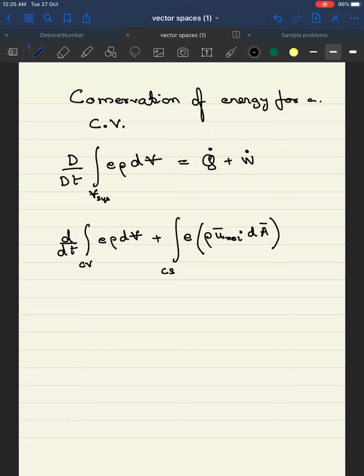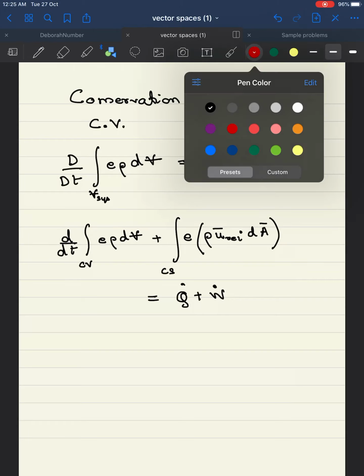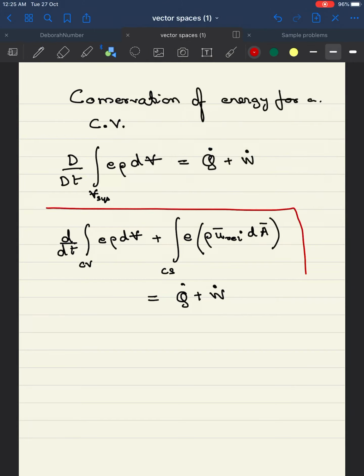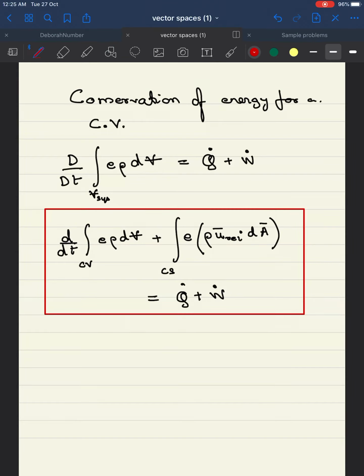Right. This is equal to Q dot plus W dot. This is the important equation we were looking for: conservation of energy for a CV.